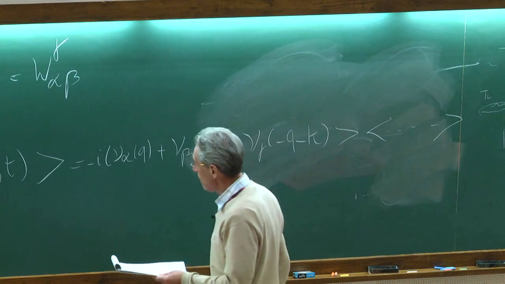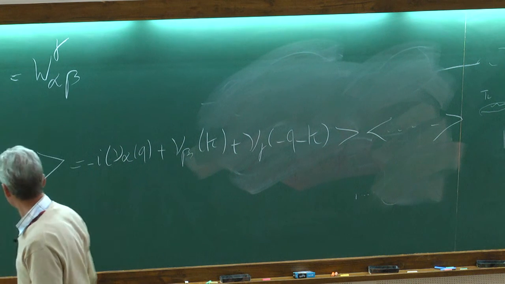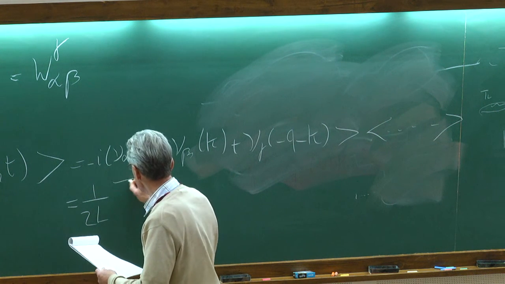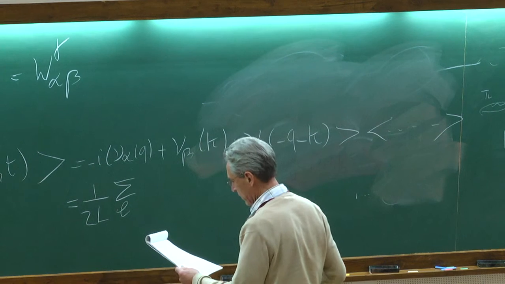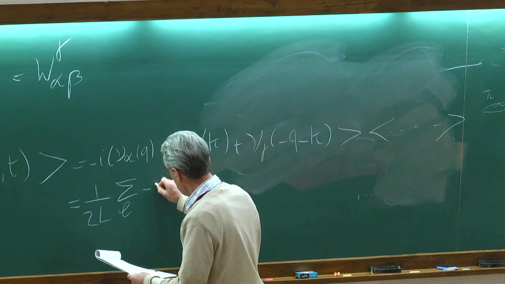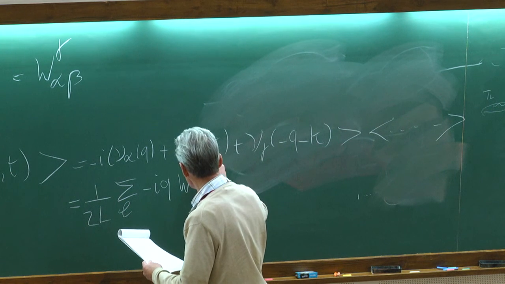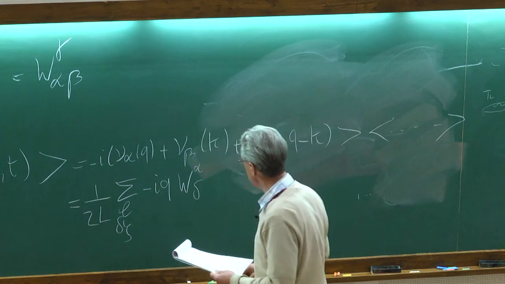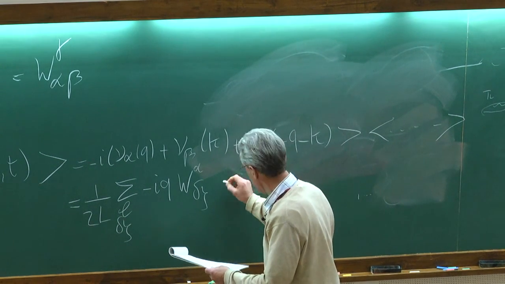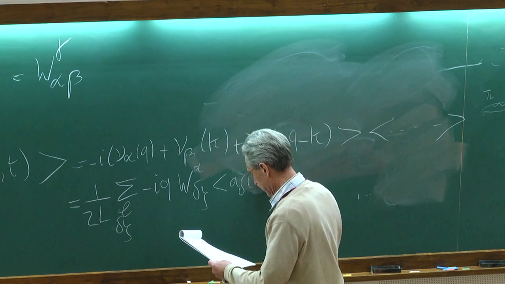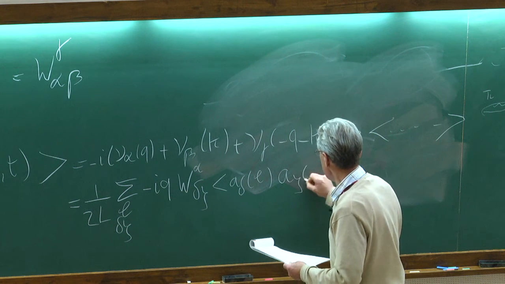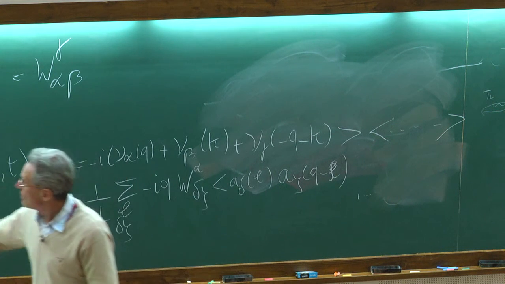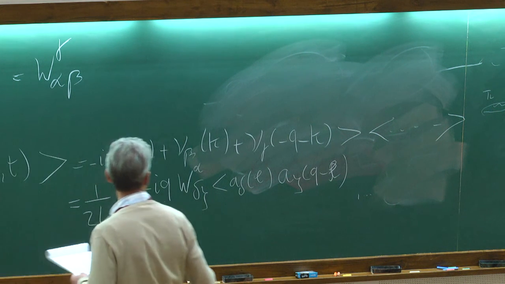And then you get contributions from the nonlinear terms, which will be 1 over 2L, so the volume of the system, sum over wave numbers l. You get minus i q W alpha and sum over modes delta zeta, a delta of l, a zeta of q minus l. This is from the nonlinearity in the time derivative of the A alpha.